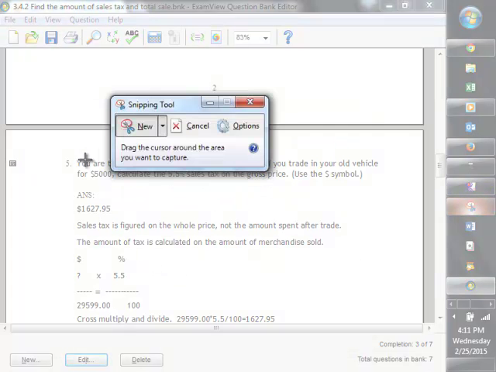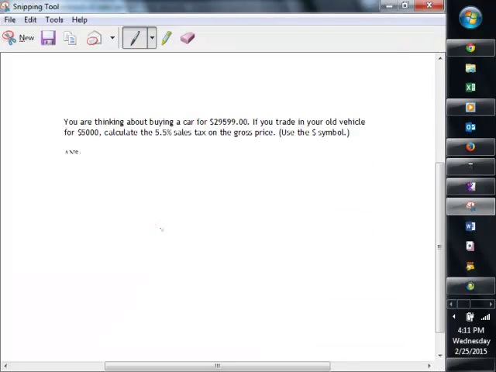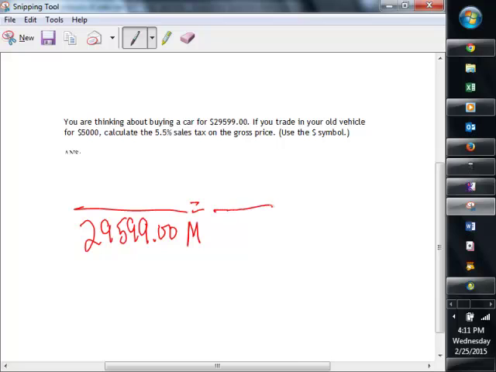But the actual fact of the matter is you do have to pay on the whole sale amount. So the merchandise will be $29,599. You can't subtract the amount of the trade-in value. We want to calculate the sales tax, so we'll just do the 5.5 up here.